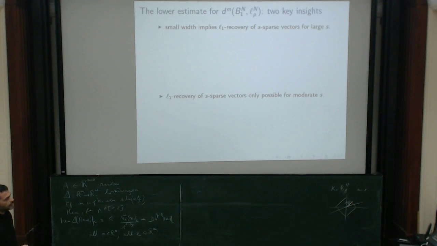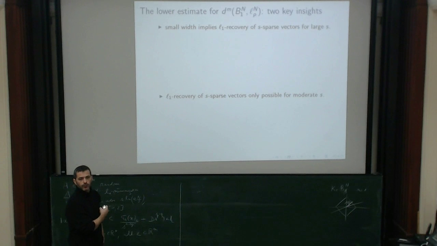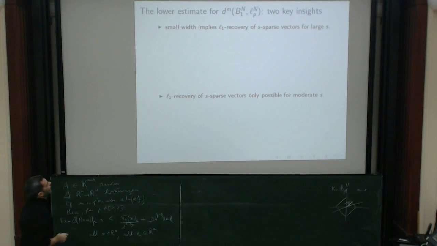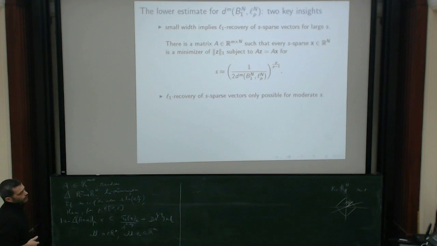The second insight is that L1 recovery of S-sparse vectors is only possible for moderate S. So the width cannot be too large, otherwise S would be large here, but that would contradict the second insight. Okay, so those are the two insights. If I make them precise, those are the statements I'm going to show you.